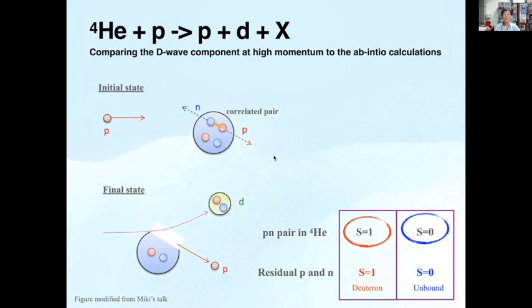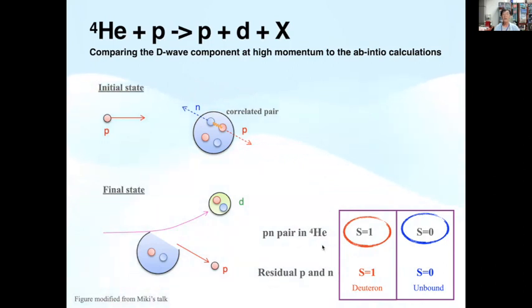Now, the interesting point is this. When you pick up a neutron, if this original pair is S equal 1, then of course the residual two nucleons should have S equal 1. Otherwise, helium-4 is not spin 0.